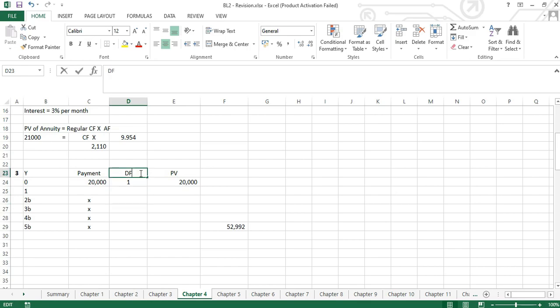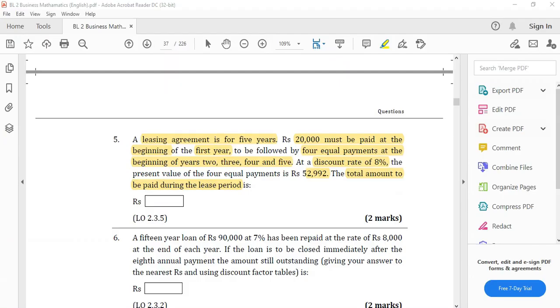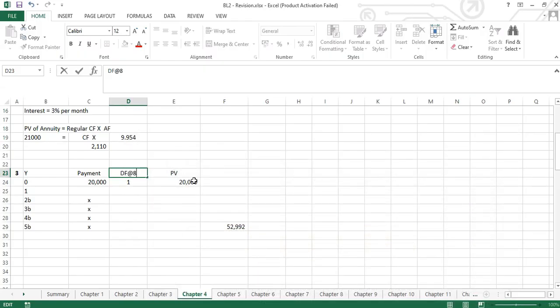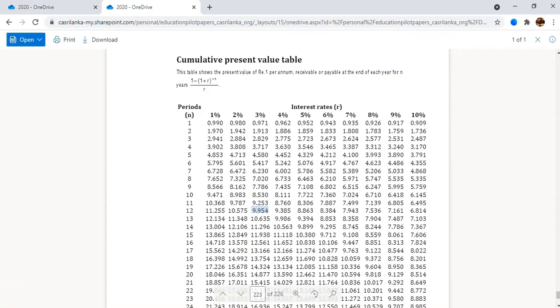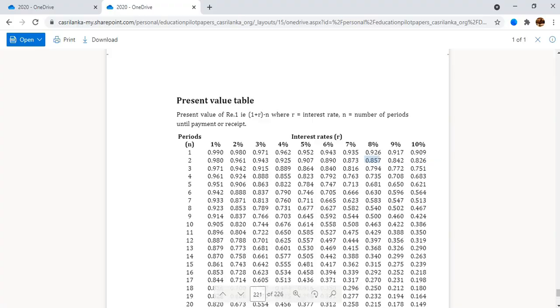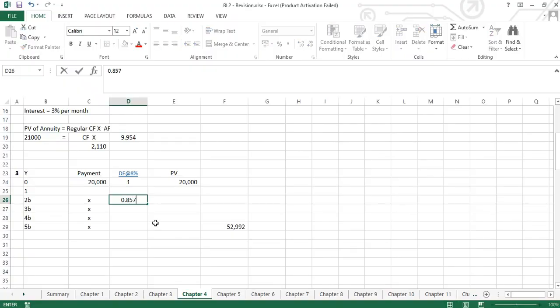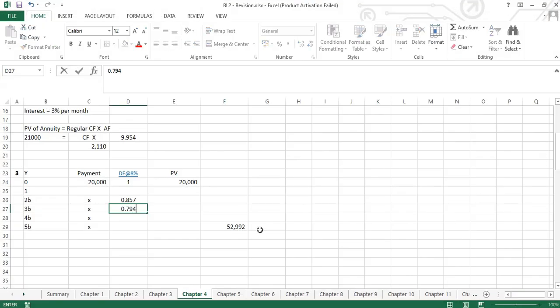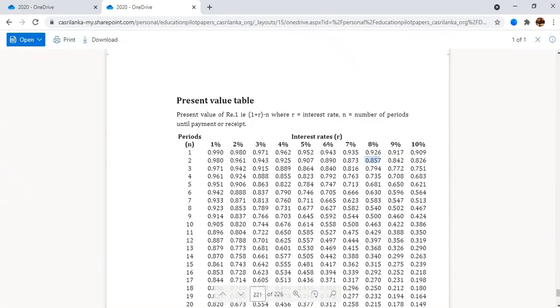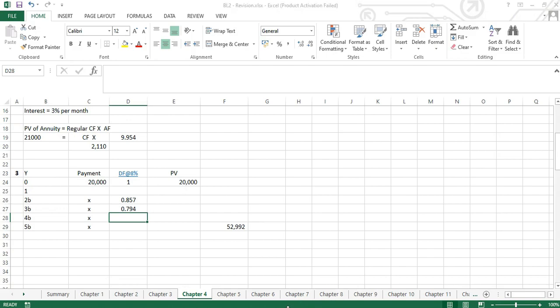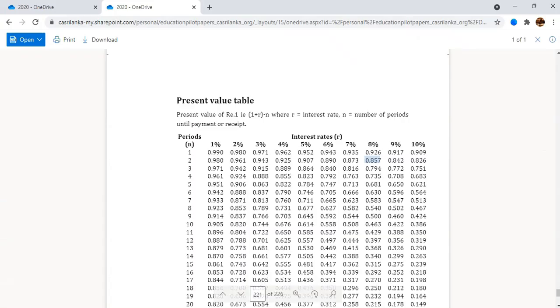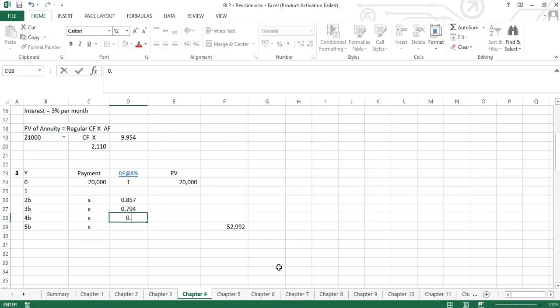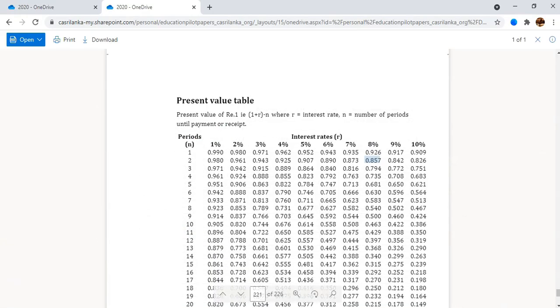Whereas the discount factor at 8% for year 2 is 0.857, year 3 0.794, year 4 0.735, and year 5 0.681.